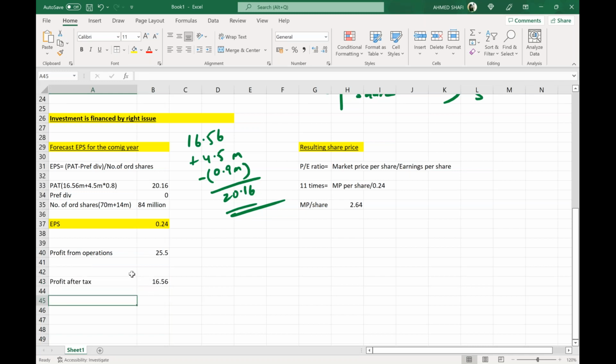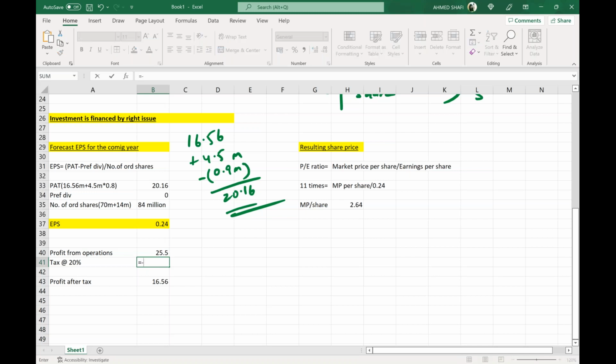Profit from operations 25.5 and 16.56 was PAT. You know, from profit from operations we deduct costs and get PAT. Tax rate is 20%. So if you pay 20% tax on 25.5 million, that's 5.1 million. So 25.5 less 5.1 doesn't give you a PAT of 16.56. Tax is 20% as quoted by the question, and 25.5 less 5.1 doesn't give you 16.56.